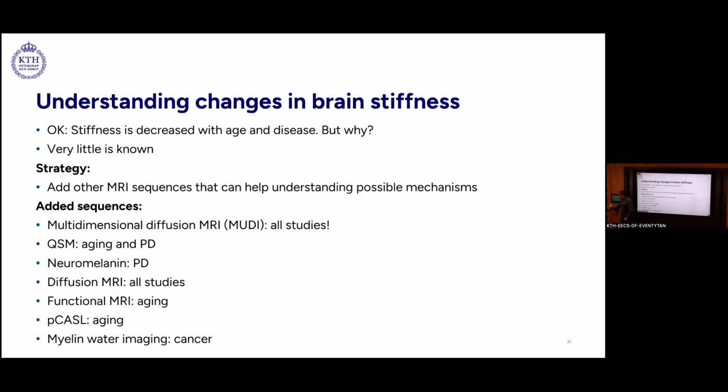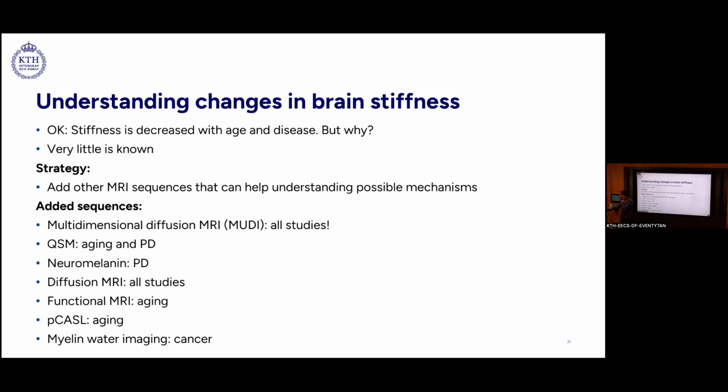So we know now that stiffness is decreasing with age and disease, but very little is known about why. So we thought, okay, we have to have other ways to understand what is happening. So basically what we did was to add a lot of other sequences in our protocols. We added something called multidimensional diffusion. In all studies, QSM, to measure the iron content in the brain.